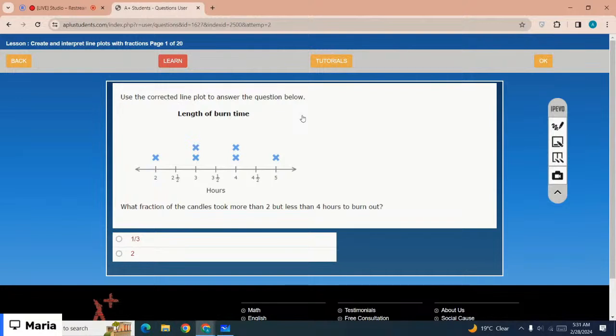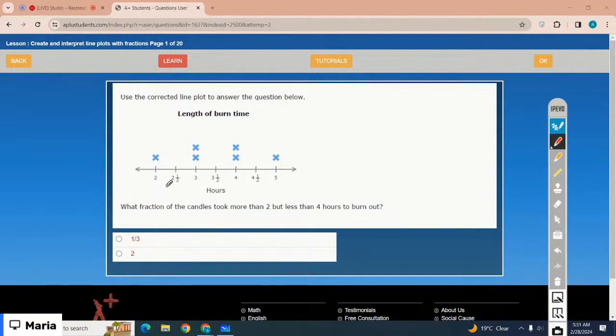What fraction of the candles, right? You need to answer in the fraction also. So you can see between more than 2 and less than 4, you have only two values, but you need to answer in the fraction. So the total is 1, 2, 3, 4, 5, 6.